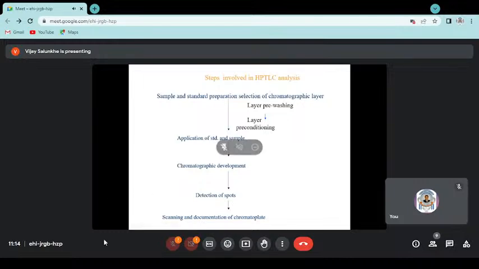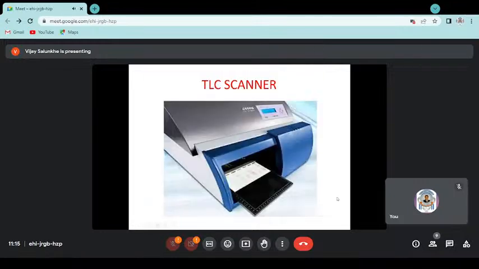If the spots are available, no problem. If the spots are unavailable, you can use a derivatization agent or visualizing agent or any particular spray for detection of the spots. And before that, you can place the plate for scanning, where scanning or documentation of that chromatographic plate can be done.